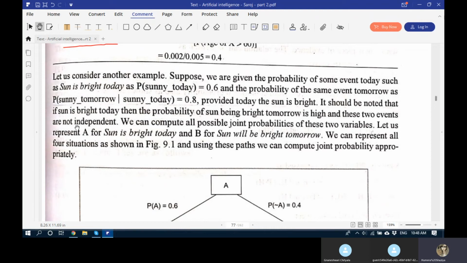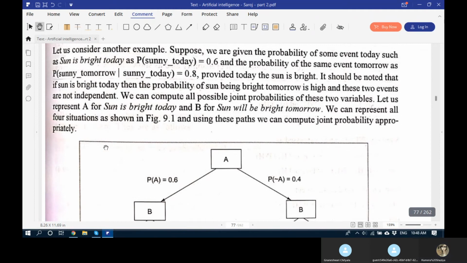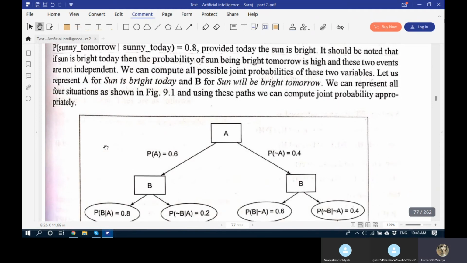So we have to compute all possible joint probabilities of these two variables, and to do so, let us represent A for sun is bright today and B for sun will be bright tomorrow, and we get four combinations that are shown in 9.1. So look at here, A, what is A?